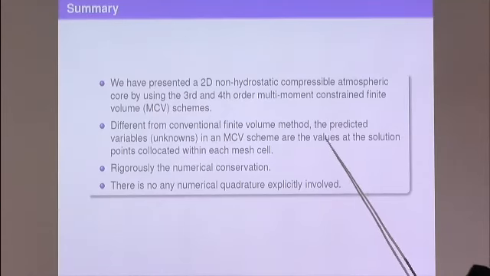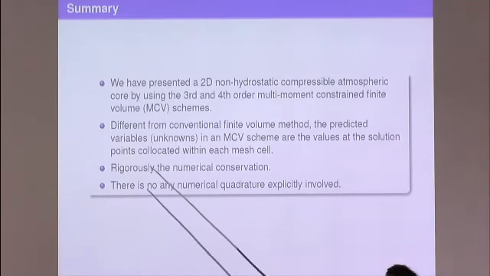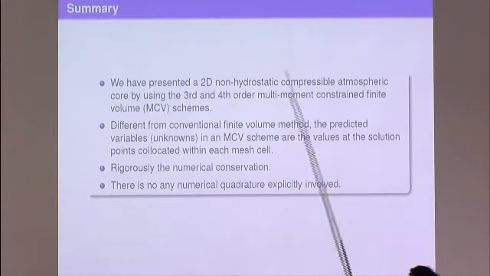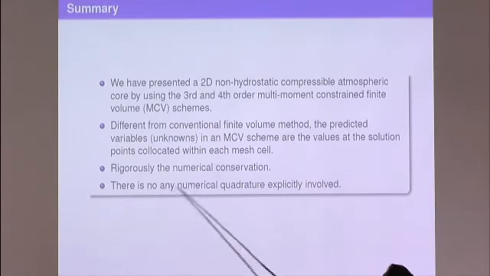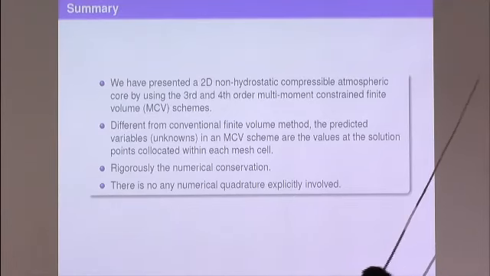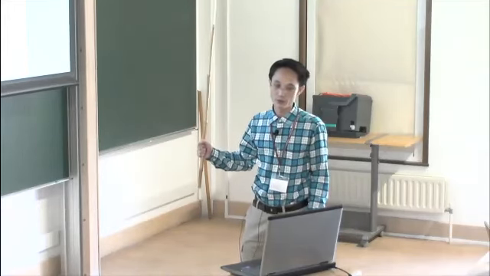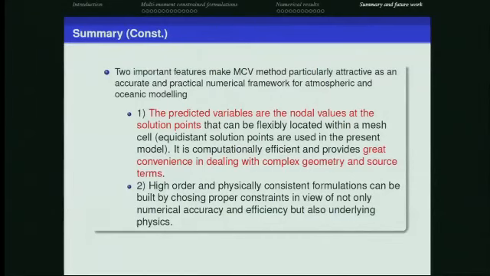No quadrature is involved, and numerical conservation is satisfied, no problem. And there is no explicit numerical quadrature in our schemes. Another important feature may make our schemes more attractive as an accurate and practical numerical framework for atmospheric and oceanic modeling.